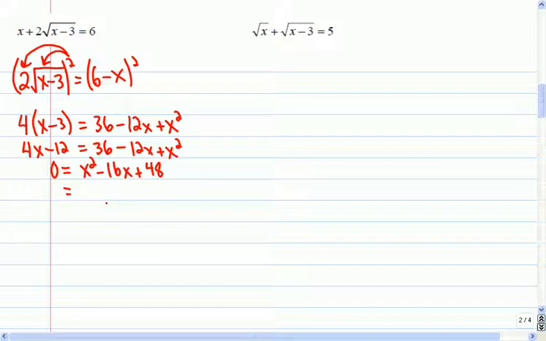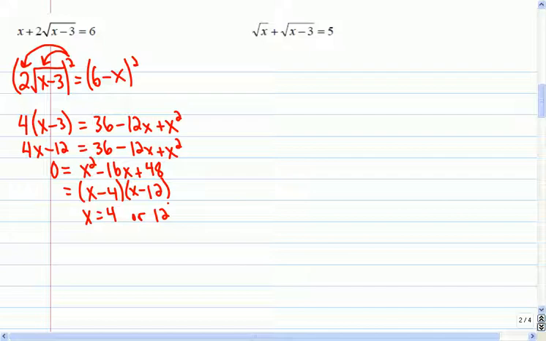Okay, so let's see here. 4 and 12 I think will work. So x minus 4, x minus 12, and that gives me 2 possibilities, 4 or 12.